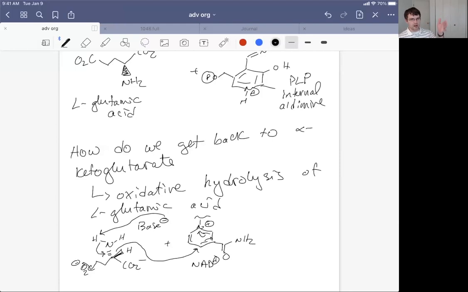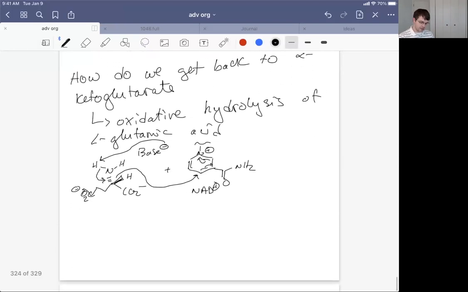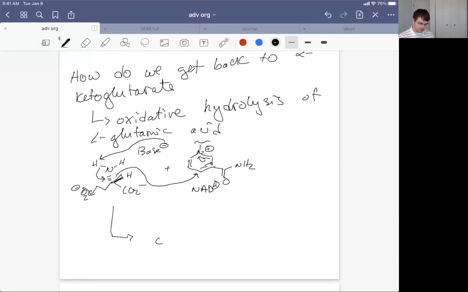So the hydrogen gets lost. We swing the electrons down to make a carbon-nitrogen double bond. And to avoid breaking the octet of the carbon, we push the hydrogen atom into the NAD plus, and it takes with it its electrons. That's going to give rise to an unstable imine, which is rapidly hydrolyzed in the presence of water to give our alpha ketoglutarate.